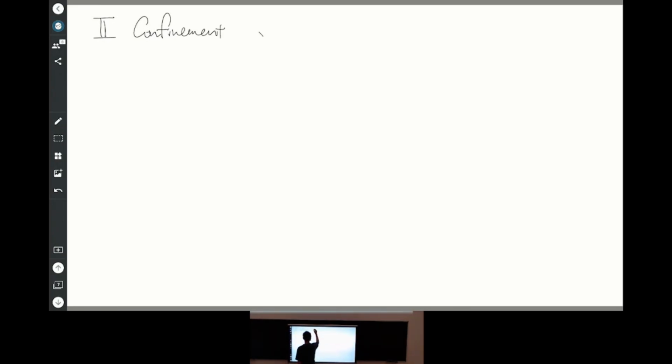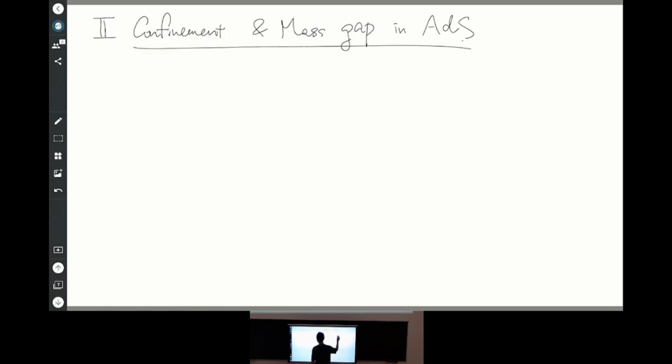Now I'm going to move on to the next topic of my lecture, which is about confinement and mass gap in AdS. I already mentioned 2 papers. In the beginning, I mentioned my paper with Lorenzo and Christian and Zimin last year, and also the paper which appeared yesterday by Ricardo and then Lorenzo, Fabiana, and Marco Cerrone.